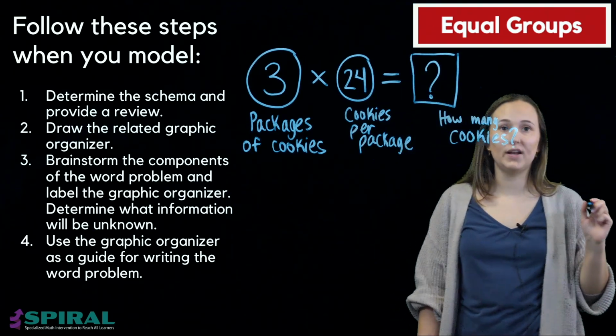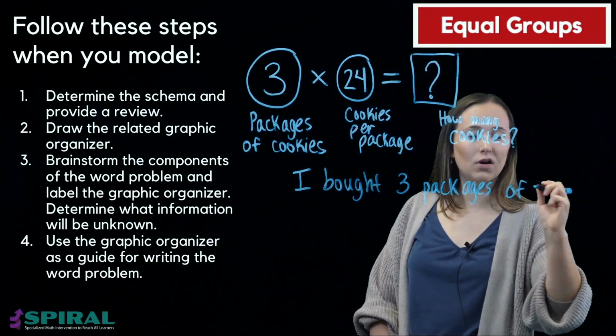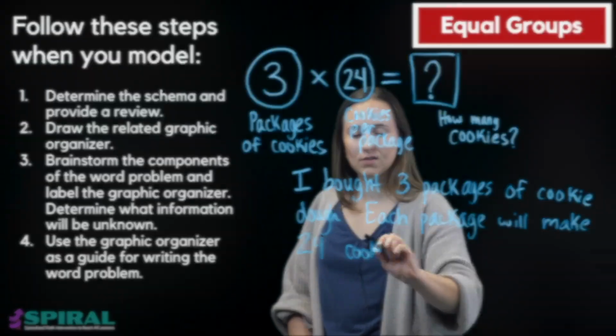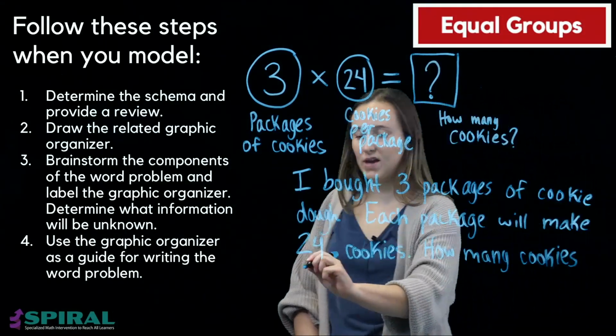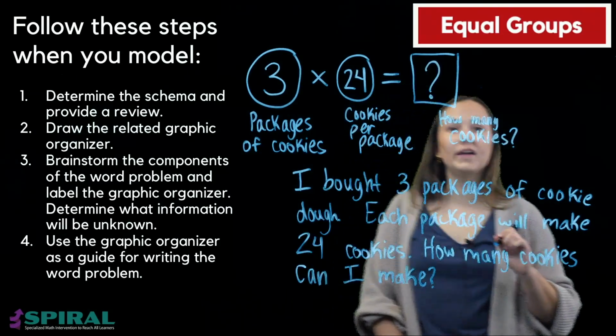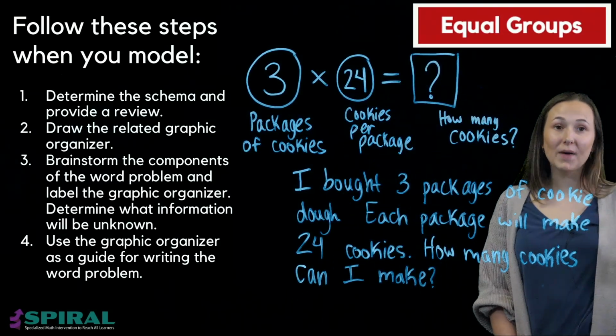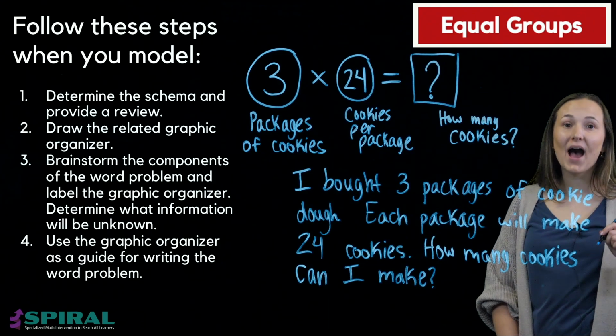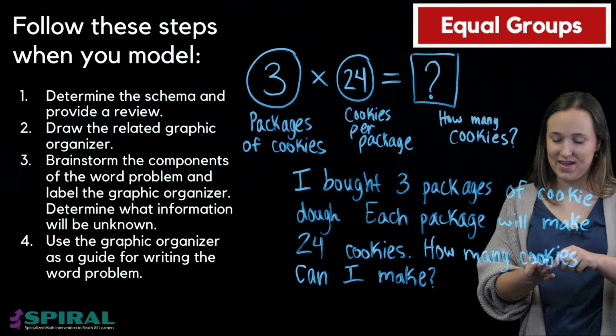So now I'm ready to write my word problem. So my equal groups problem says: I bought 3 packages of cookie dough. Each package will make 24 cookies. How many cookies can I make?